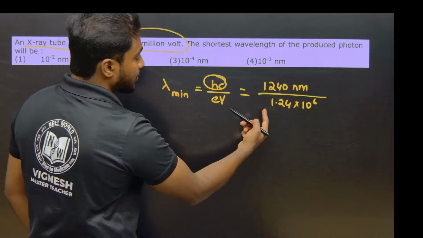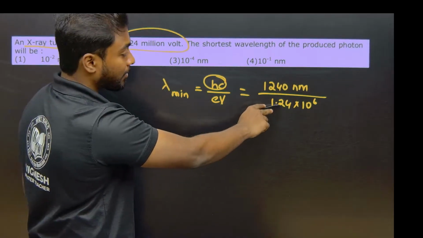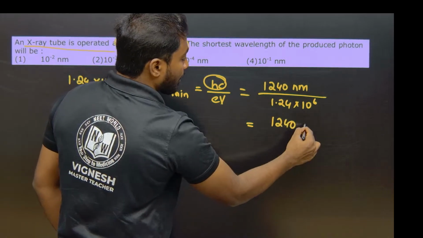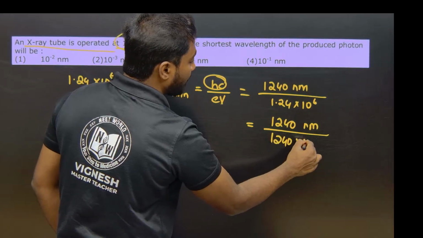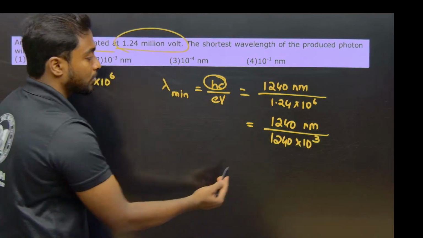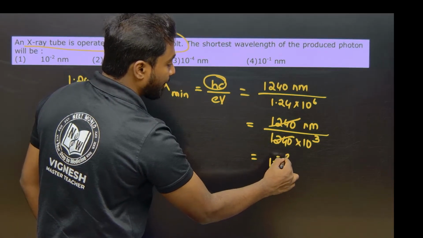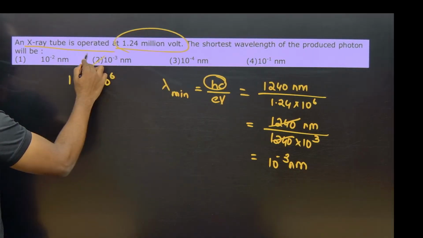If I multiply power 3 for this number, I will get 1240 nanometer divided by 1240 into 10 power 3. So this 1 times and this 1 time, and 10 power 3 will go up, which means 10 power minus 3 nanometer. So option 2 is the answer.